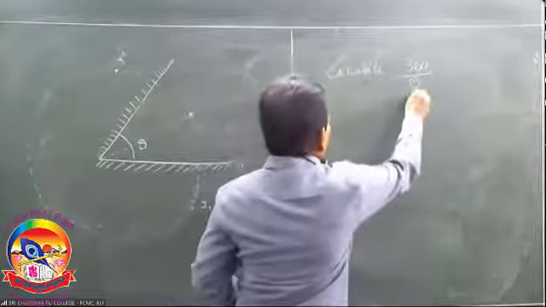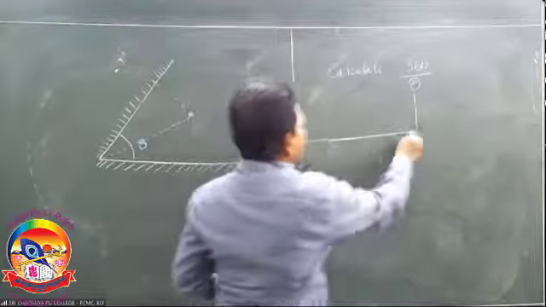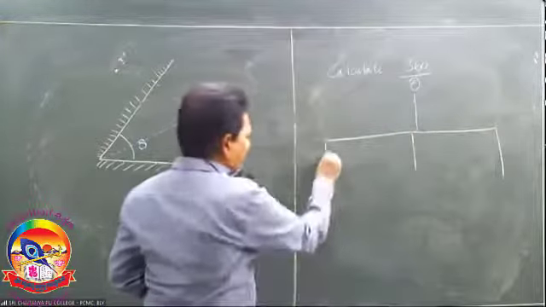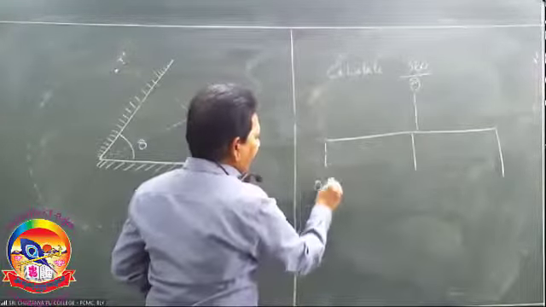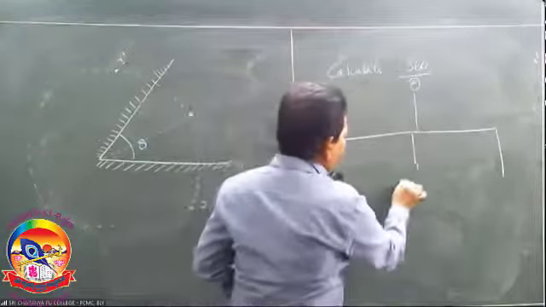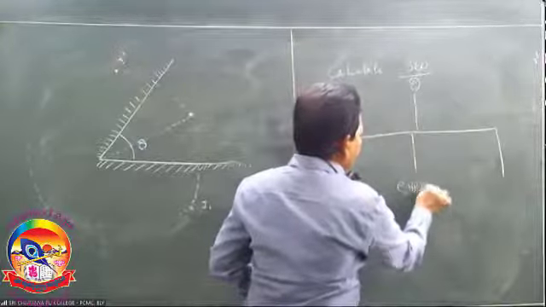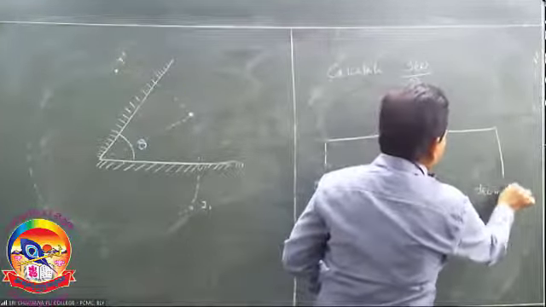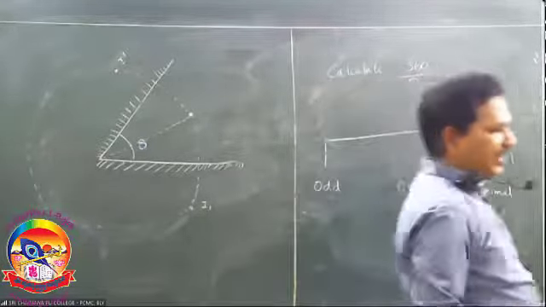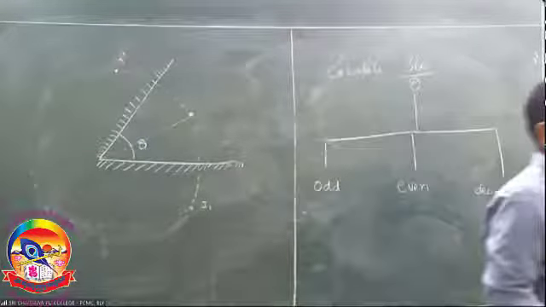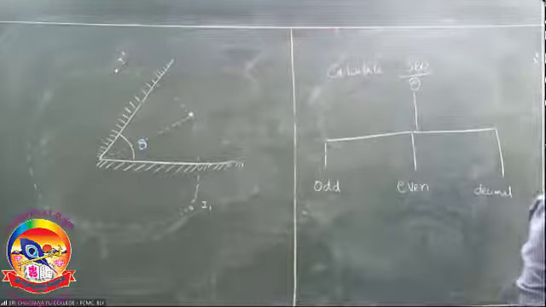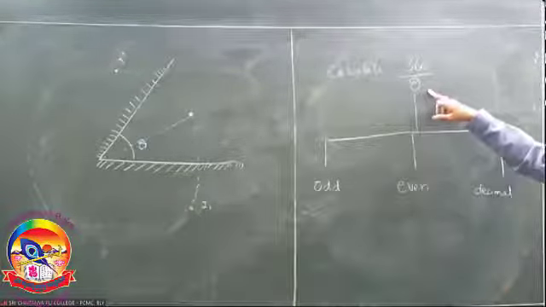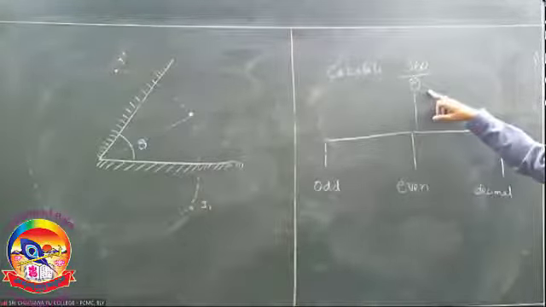The value may be in three cases. One, it may be an odd number. It may be an even number. It may be a decimal number. 360 by theta, first calculate it to find the number of images.